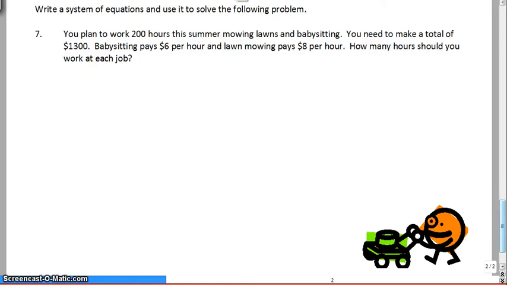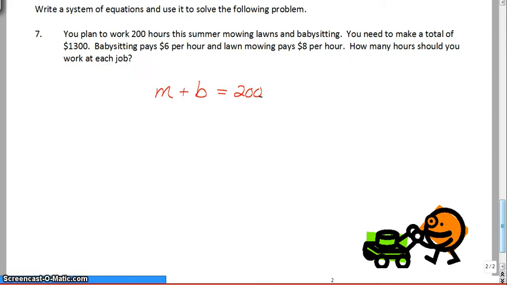So you're going to need to create 2 equations for this problem. And the first thing you want to do is create a job equation, shall we say. So we could call mowing lawns plus babysitting is equal to 200 hours.